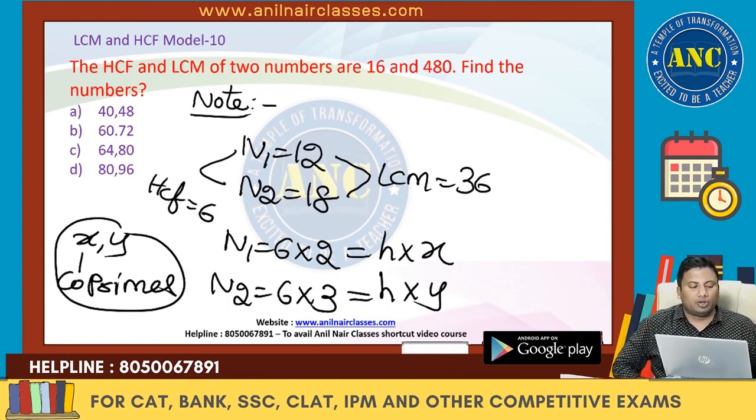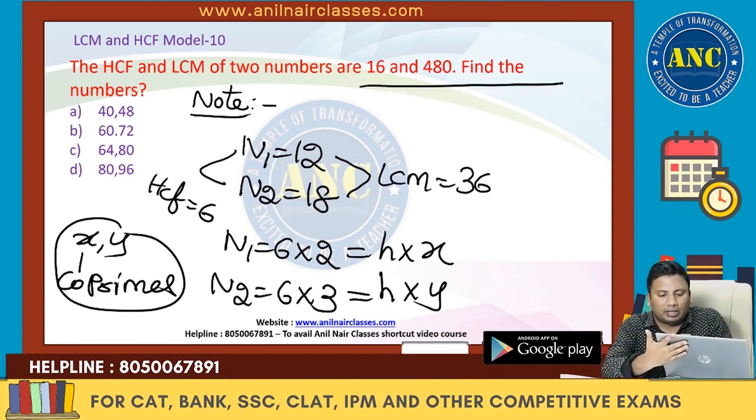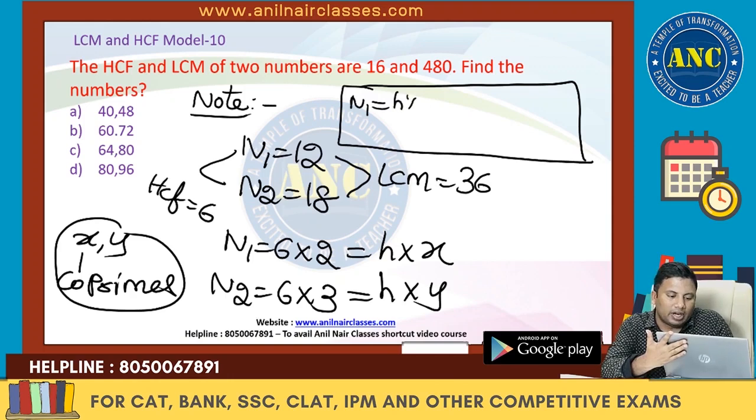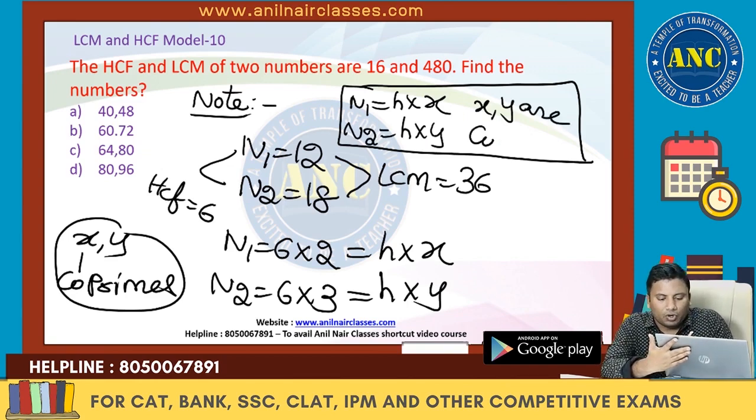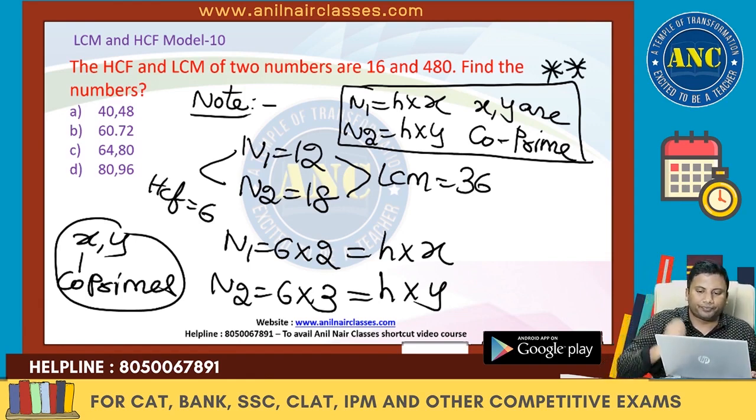N1 is H into X, N2 is H into Y, where X and Y are co-prime to each other. It is a very important point, and I am going to use it only when there is a need. Please use this only when it is required.